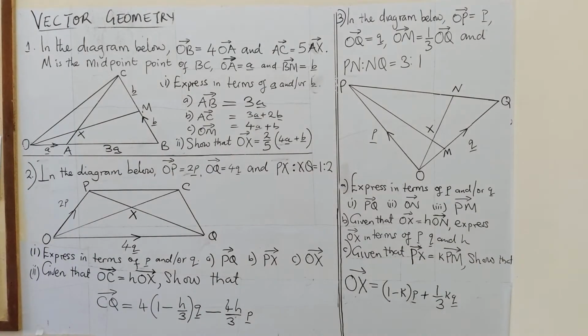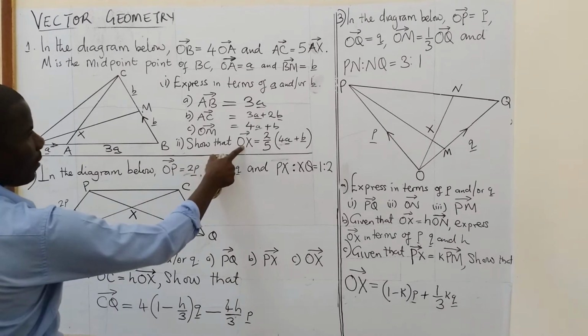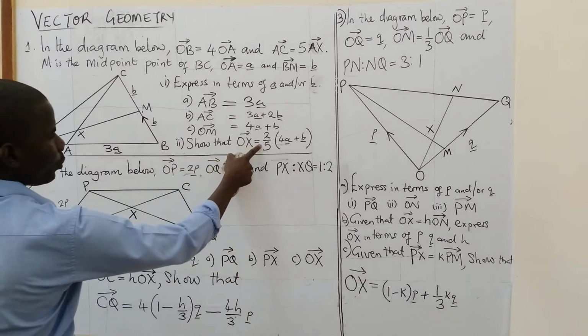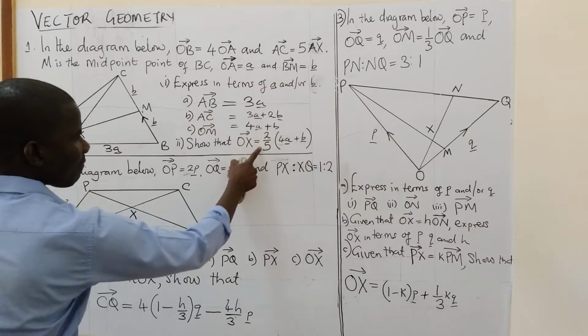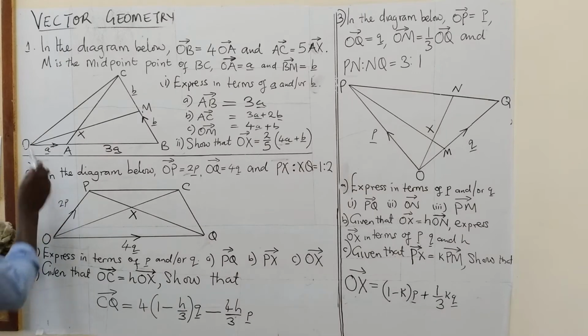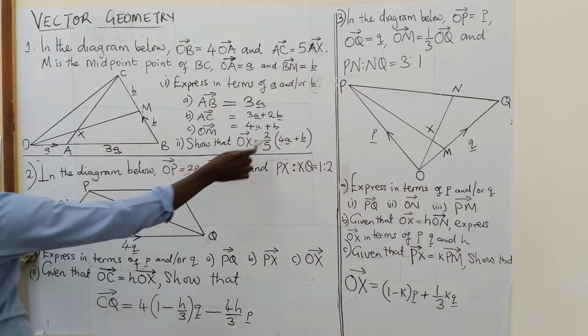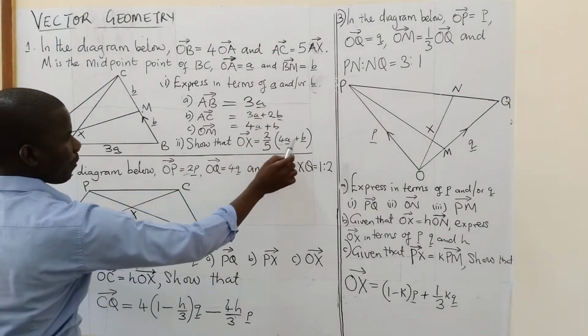So we look at the next question, which is: show that OX is equal to 2 over 5 of (4a plus b).